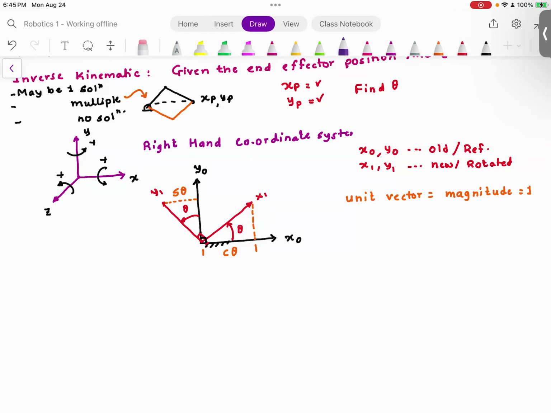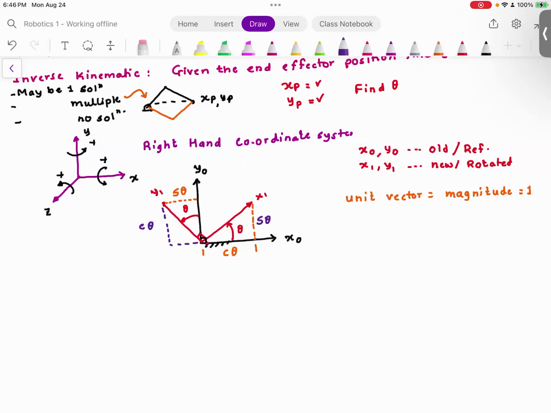Then you observe this would be sine of theta, and you agree with me, this guy would be cosine of theta.